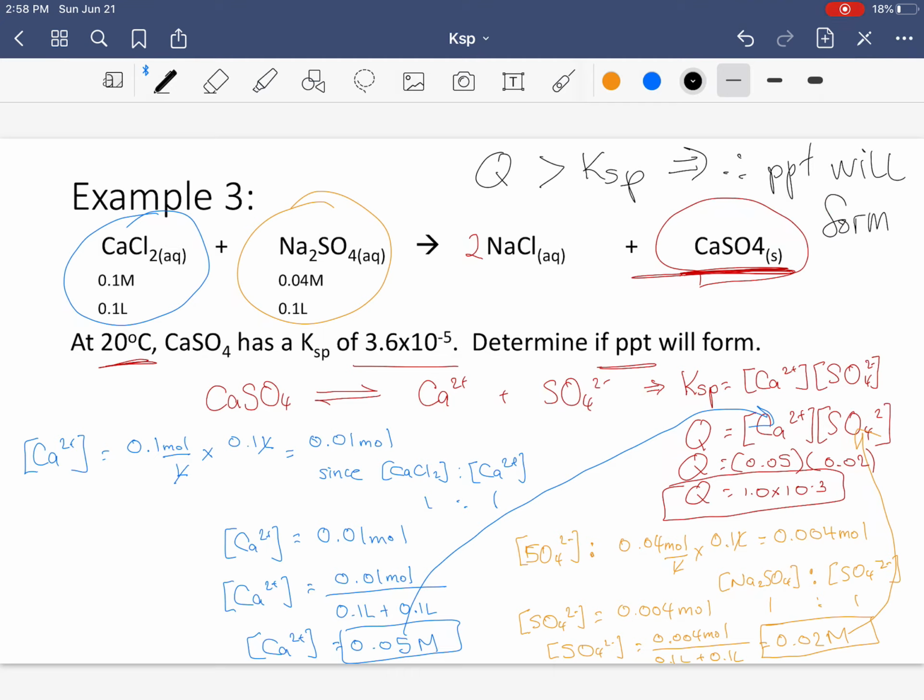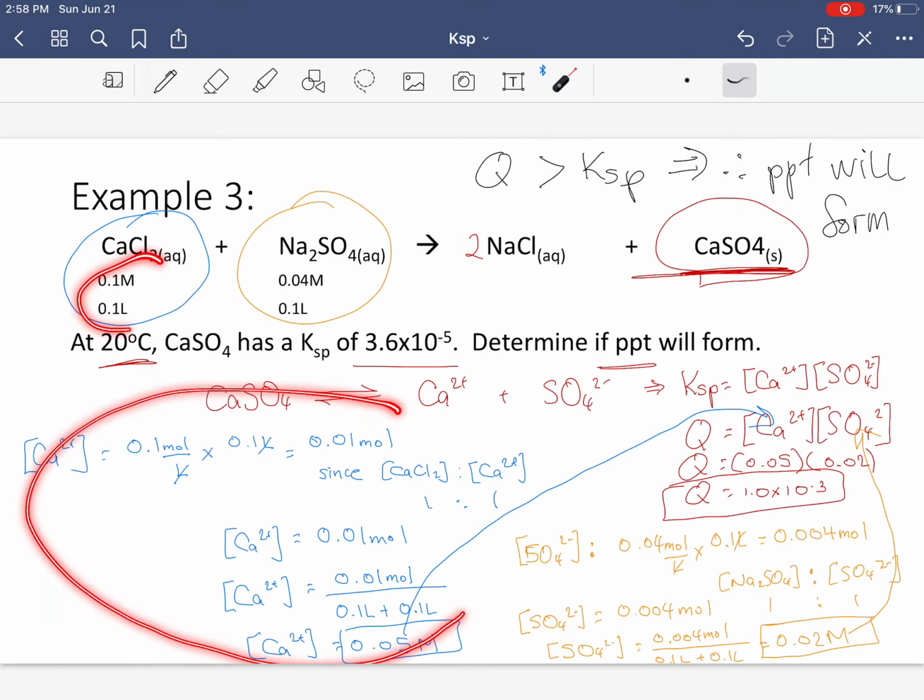That's how you determine if you'll see precipitate or not: find out what the concentration of calcium is based on what you got and what happened after you dissolve, so the final concentration of this, and take a look at the same thing for the other ion.